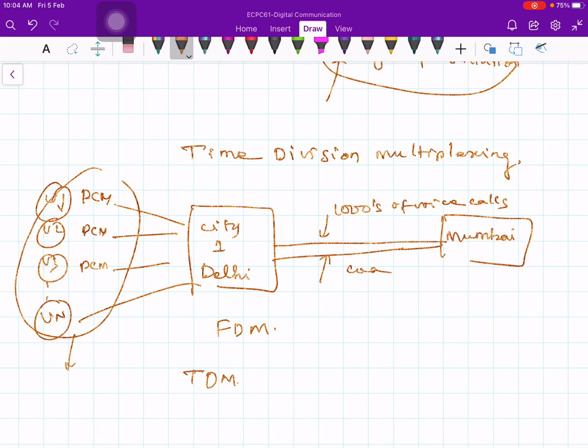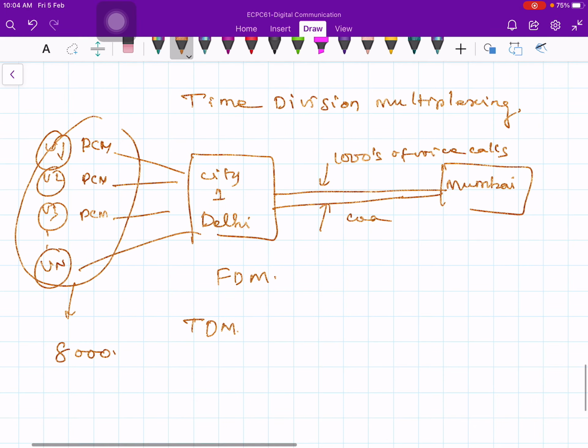If you take a human voice and sample at 8,000 samples per second, and for each sample you represent 8 bits, then in total you will have 64,000 bits per second. This is the typical data rate of your voice signal in digital form. But we are not going to use only the 64,000 bits in this channel, because your channel can accommodate more than 64,000 bits per second, right?